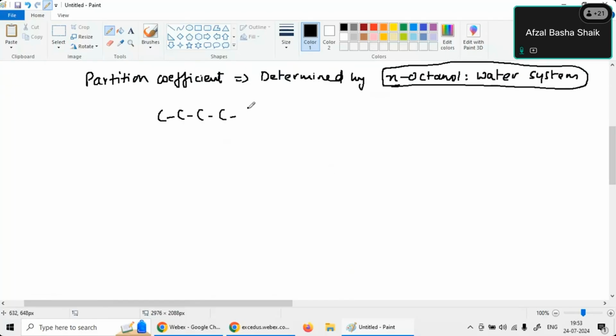This is the structure of n-octanol, right? One, two, three, four, five, six, seven, eight. This is what? N-octanol. So it is like your phospholipid, right?